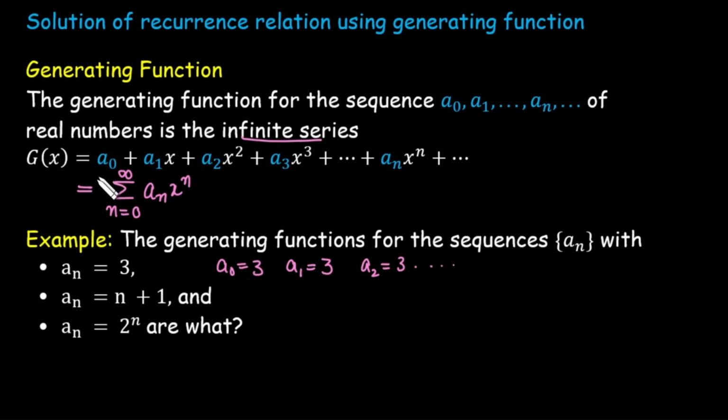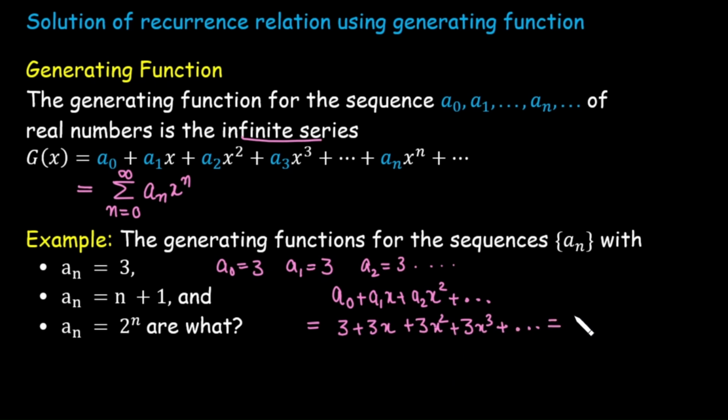We can write it in the form of a generating function as a0 plus a1 x plus a2 x square, and continue this. So this is written as 3 plus 3x plus 3x square plus 3x cube and so on.